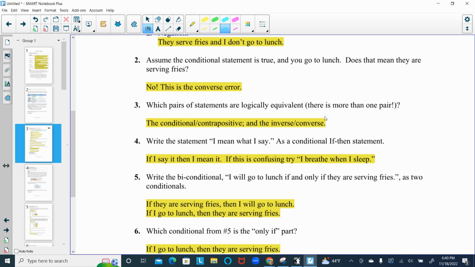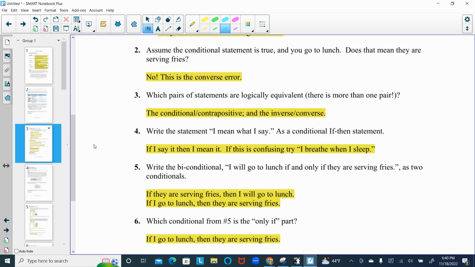Now, write the statement "I mean what I say" as a conditional if-then statement. So every time you say something, you mean it. So "if I say it" would be your hypothesis, then "I mean it" would be the conclusion part.